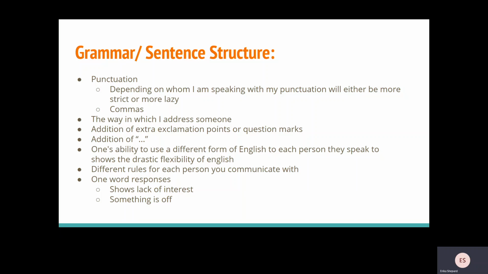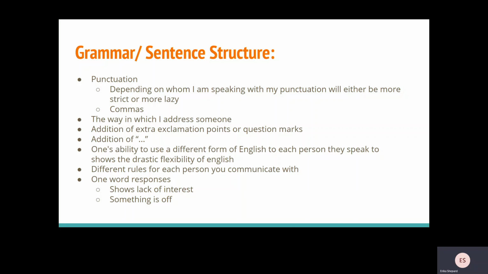This can go in tone as well, but usually shows a lack of interest or something is off. So amongst my friends, and let me preface this by saying that it also depends on who you're talking to. Some people, that's just how they communicate.